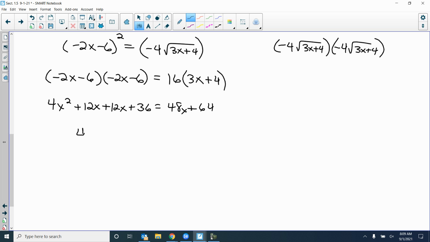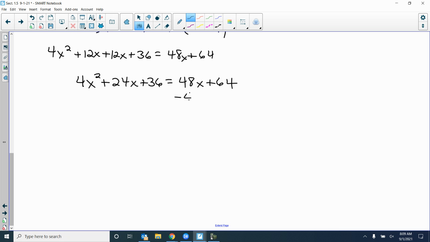Okay, that gives me 4x squared plus 24x plus 36 equals 48x plus 64. All right, am I going to end up with an x squared? Yep. So I'm going to move those two things on the right to the left. I'm going to subtract 48x and subtract 64.